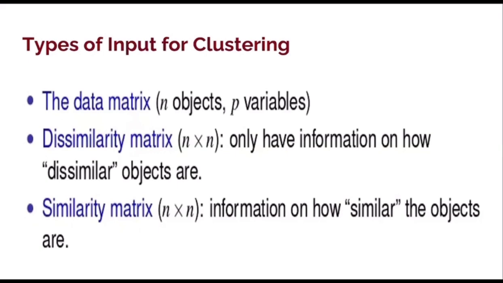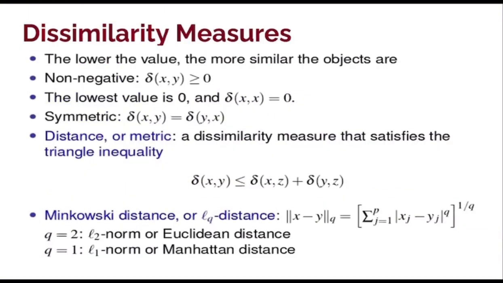Now, there's going to be a dissimilarity matrix that will be n by n, where n refers to the objects. We have information on how similar the objects, the states, are. We can also construct a similarity matrix. The takeaway is that the dissimilarity and the similarity matrix are going to be square matrices, n by n.